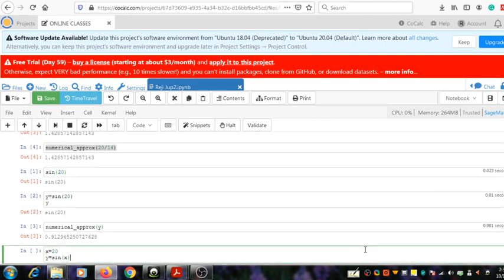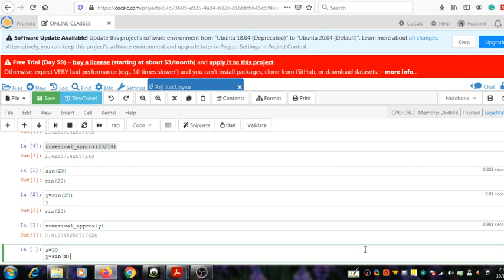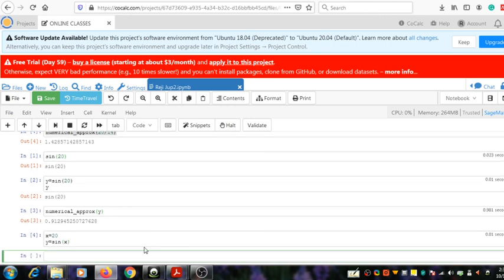Okay, then I want to display something. If I try shift enter, what does it show? It doesn't show anything, because nothing is asked to display.